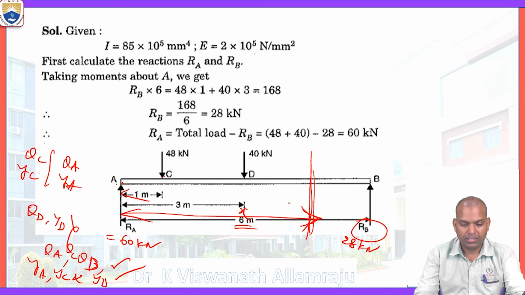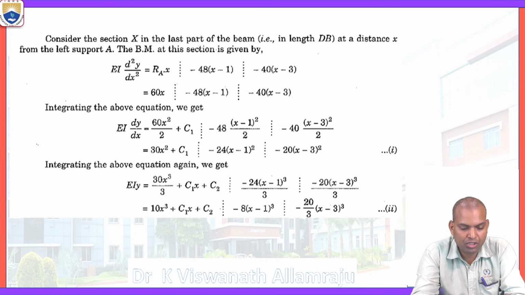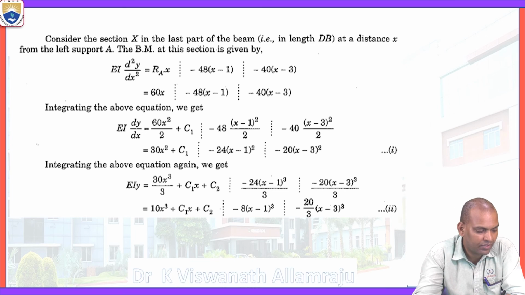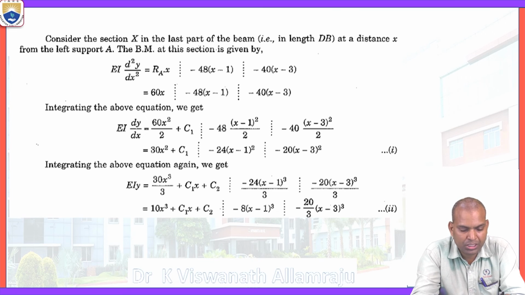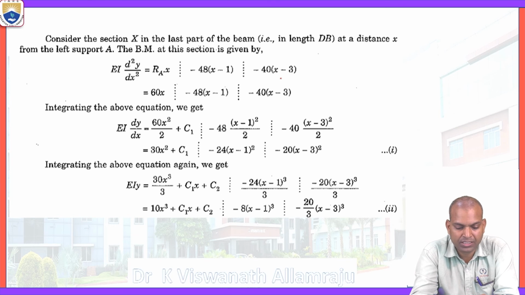Now we consider Mx. At a distance x, the bending moment equation is EI d square y by dx square equal to RA times x minus 48 times (x minus 1) minus 40 times (x minus 3).